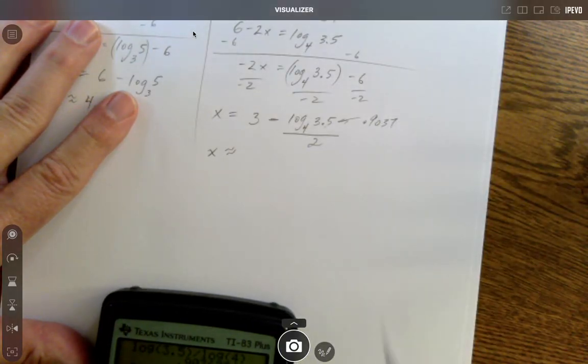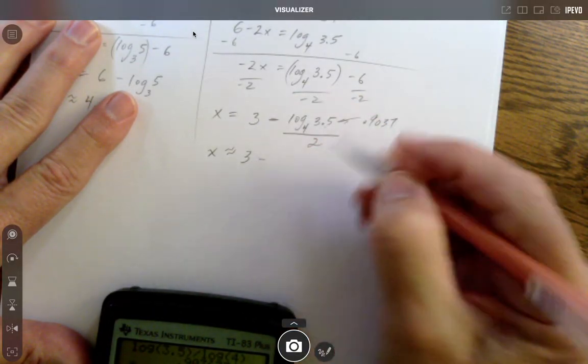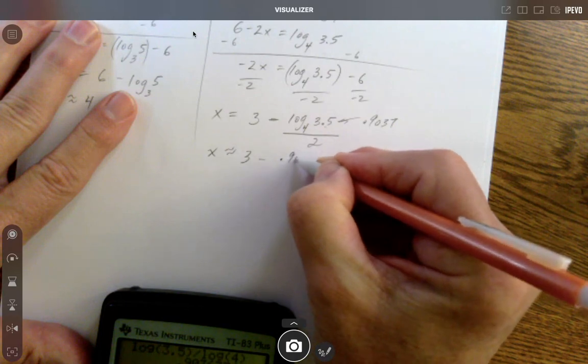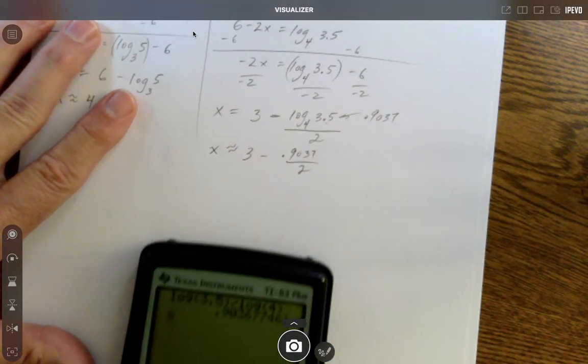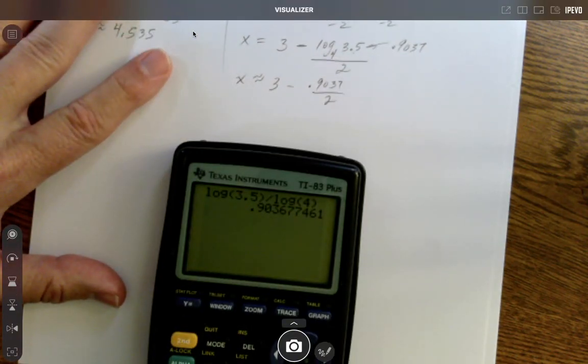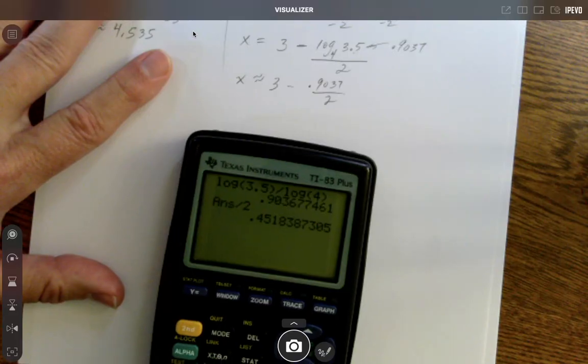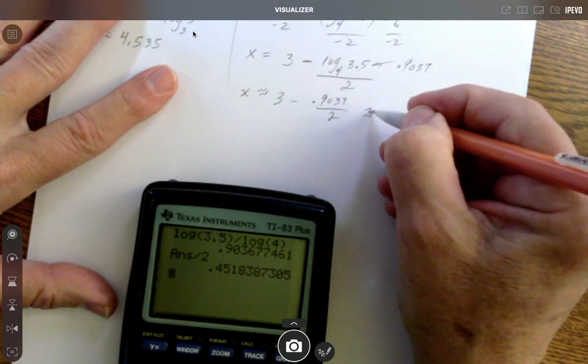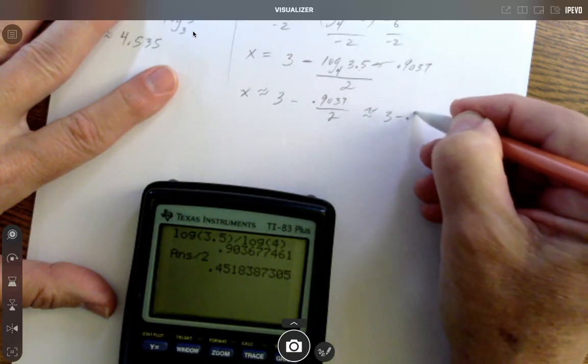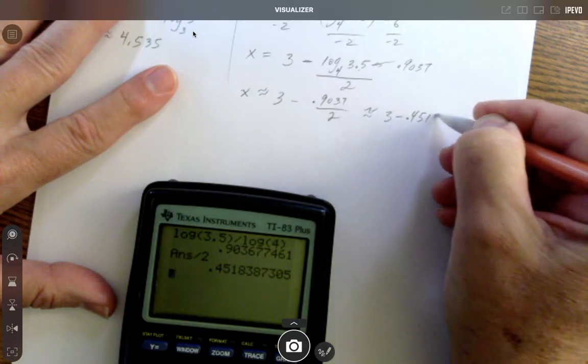Okay, so I'll rewrite this as 3 minus 0.9037 over 2. So I'll divide that by 2, about 0.4518. So this is 3 minus 0.4518.